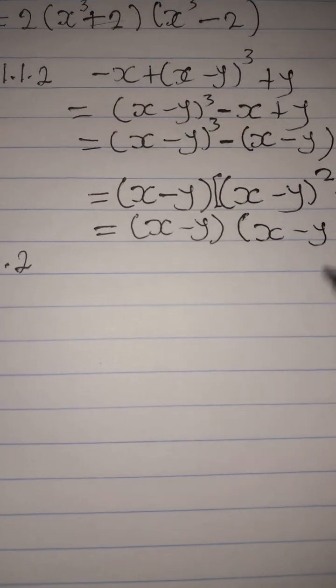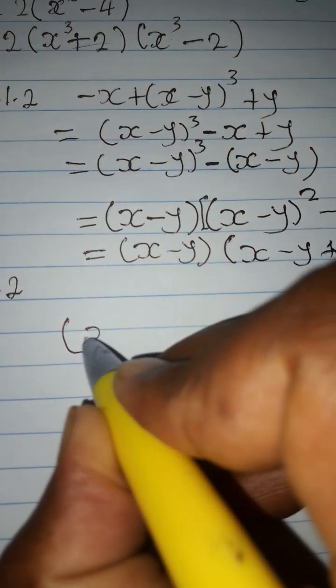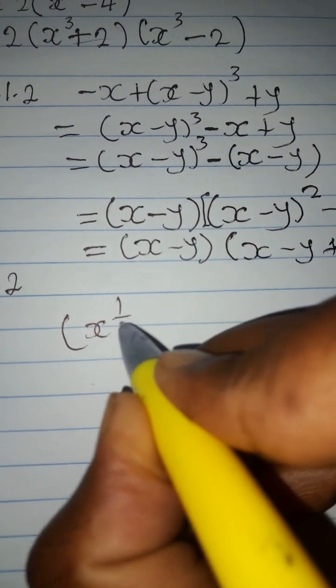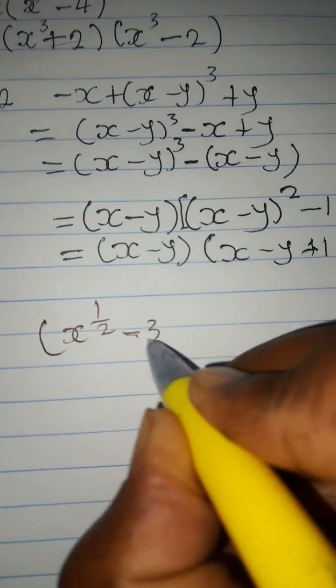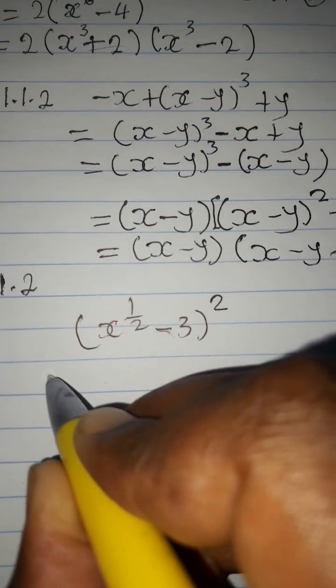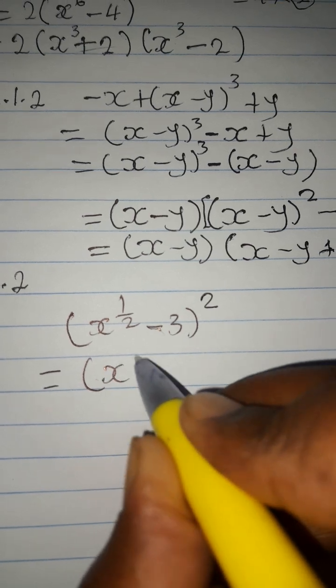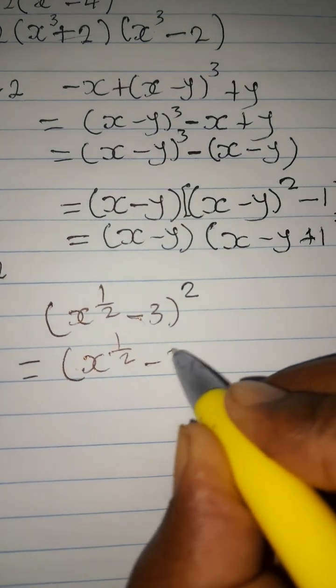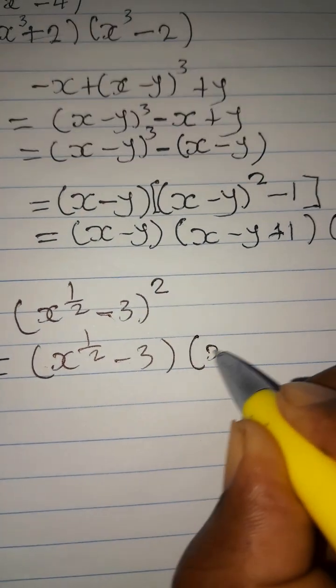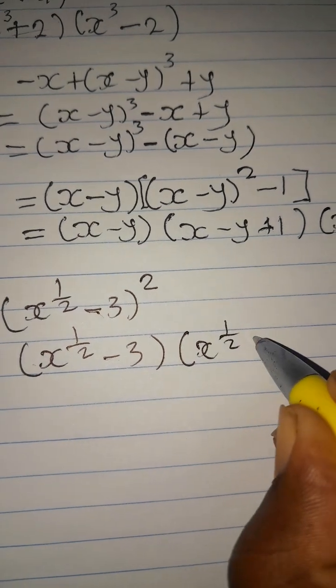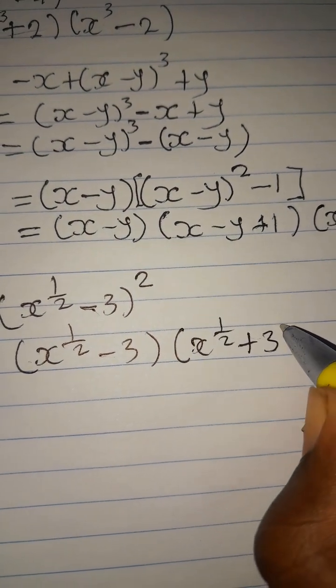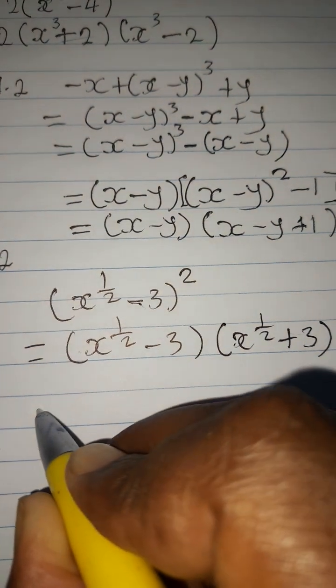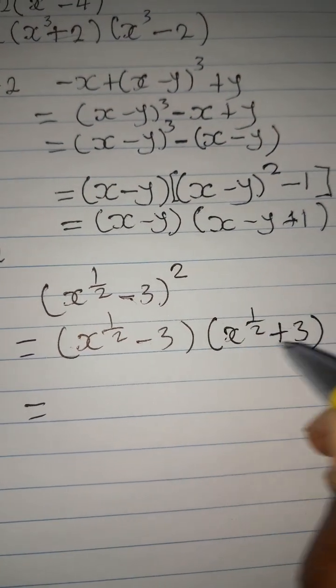So let's put that into practice. For this, we have x half minus 3 squared. What we could do is repeat this twice. We have x half minus 3. We also have x half plus 3.